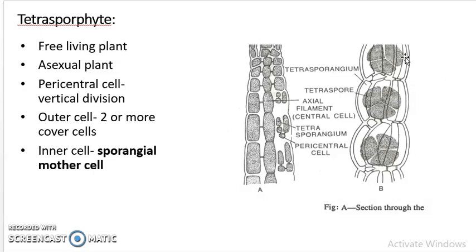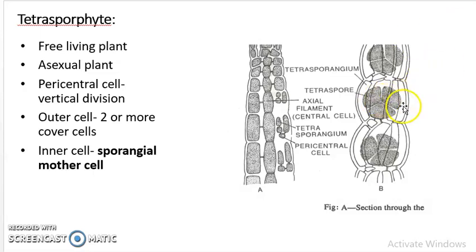Since it is an asexual plant, it does not bear spermatangia, but it bears tetrasporangia. Why is it tetraspore? Tetraspores are formed because it is a diploid plant. It undergoes meiosis and produces 4 tetraspores, which are arranged tetrahedrally.